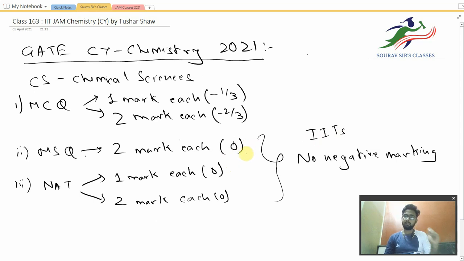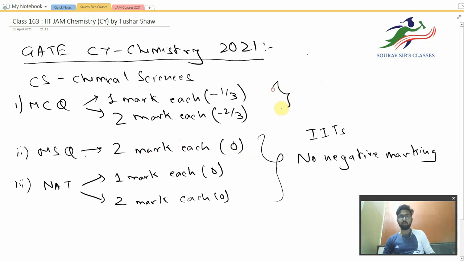Even if you don't know the answer, tick or write something, because that might help you sometimes. If you have guessed an answer, go for it. It is better to attempt the question than to leave it. I'm talking about MCQ, MSQ and NAT questions.